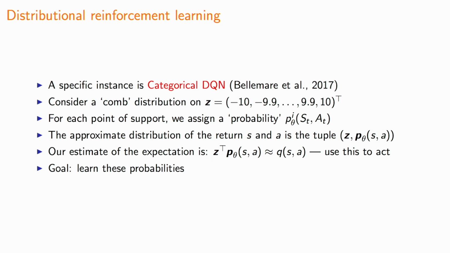So for each of these points of support, we'll assign a certain probability. I put this between quotes because you could also interpret this just as a weight, but let's call it a probability. And then this defines the distribution. We have the support, we have the probability for each point in the support. This together gives you your full distribution.